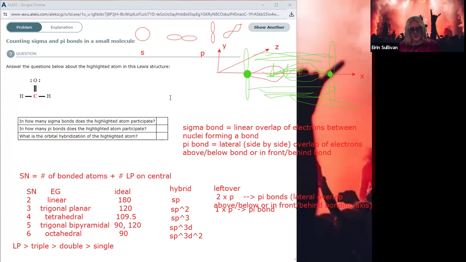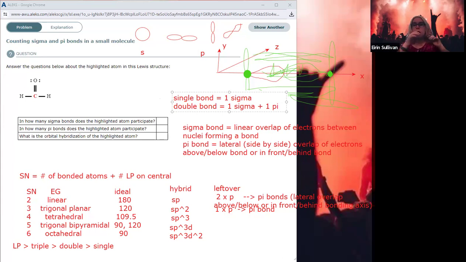So just to be clear, a single bond is one sigma. A double bond is one sigma plus one pi, because you have to have overlap between the nuclei, otherwise you're not forming a bond, right?